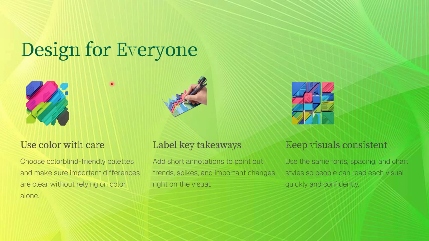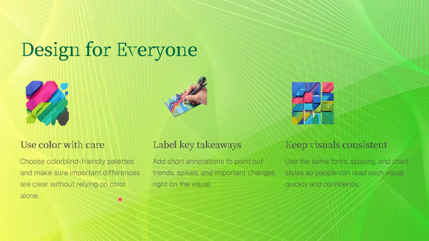So your visualization should be designed for everyone. Use color with care, label key takeaways, keep visuals consistent. Choose colorblind friendly palettes and make sure important differences are clear without relying on color alone.